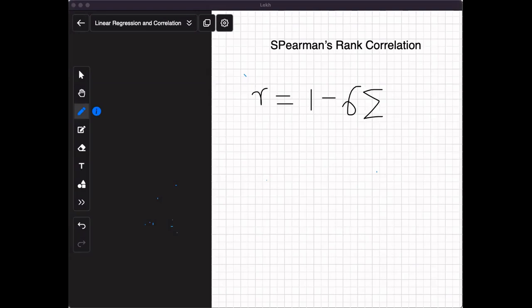So 6 summation, then we have what we call the deviation, and that will be squared. Some people call it small letter d, but in this case, we can call it small letter d, di.